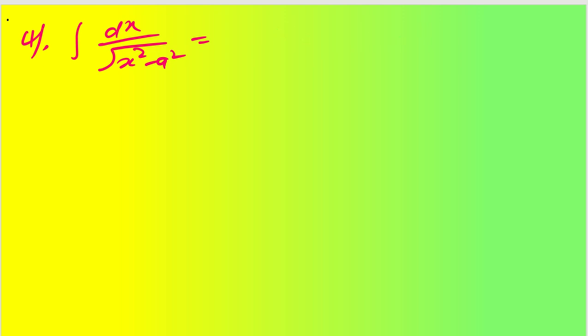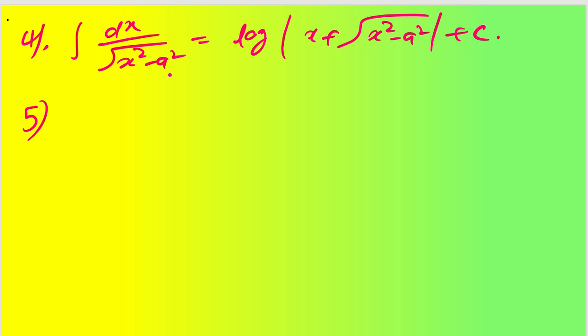So integration of dx by square root of x square minus a square is equal to log of mod x plus root under x square minus a square, plus some constant c. Fifth one is integration of dx by, let us say, square root of a square minus x square.